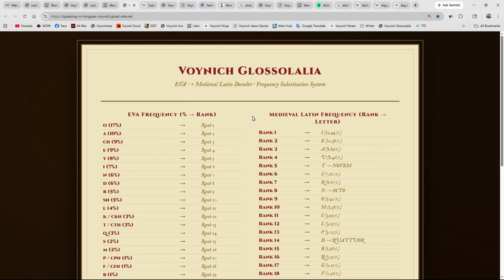But most of the language of the Voynich is a new language. It's mostly incomprehensible. It sounds like something totally foreign.